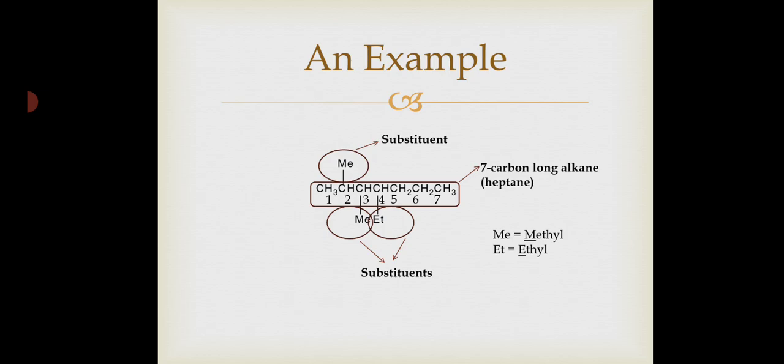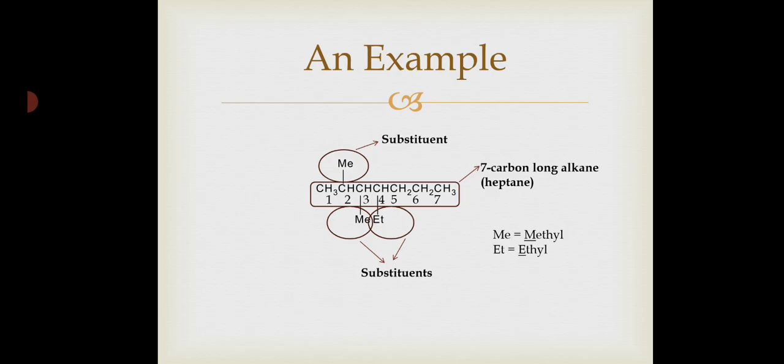Now, coming to the name of the compound. How to name this compound? Since it is a 7-carbon compound and it is an alkane, with no double bond or triple bond, the parent hydrocarbon name is heptane. Hept is for 7 and the suffix ane is for alkane. Now, we have to name the substituents.